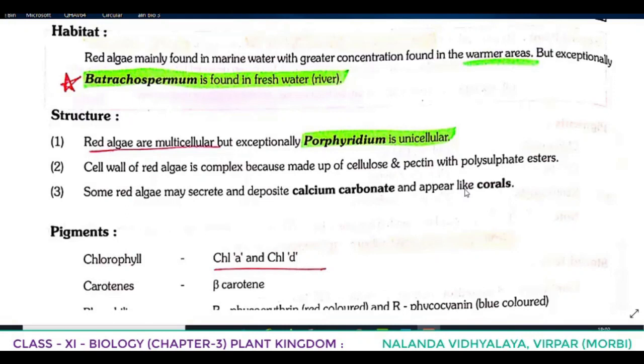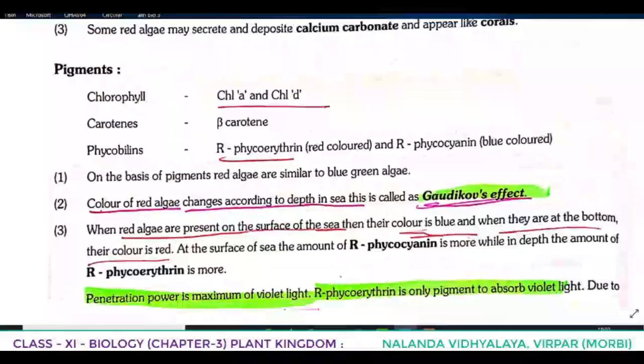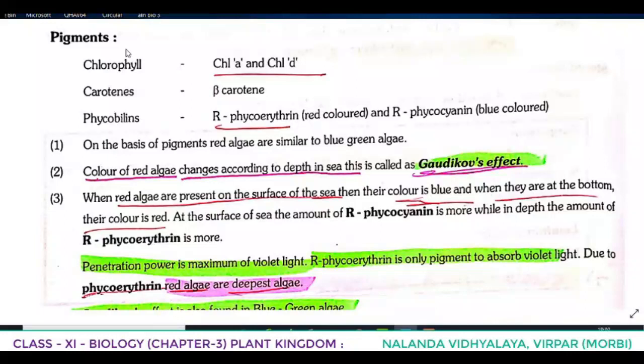Now, the pigments present in the case of Rhodophyceae. In case of Chlorophyceae, which one? Yes, chlorophyll a and b. And in the case of Phaeophyceae, chlorophyll a, c, carotenoids, and which one? Chlorophyll a, c, carotenoids and fucoxanthin.